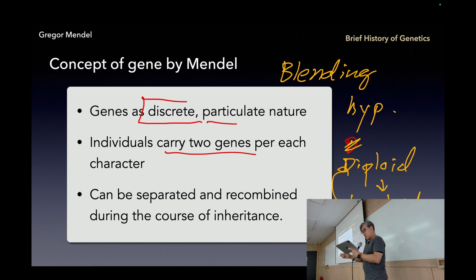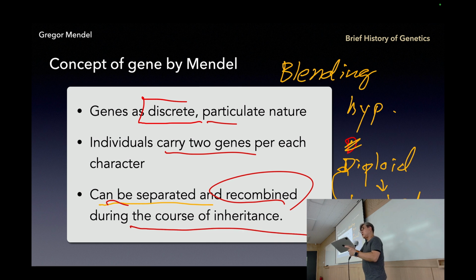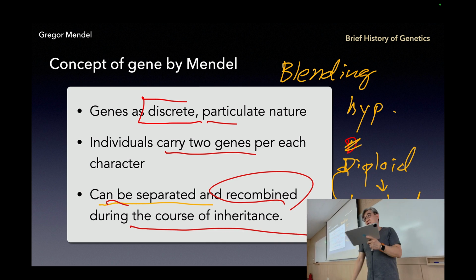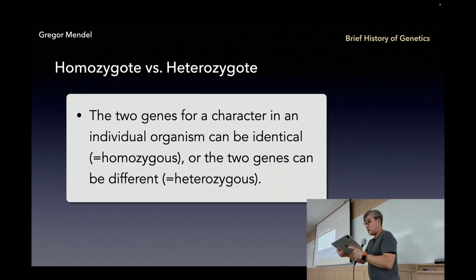So just like the chromosome, these genes as particular, discrete units can be separated and then reunited, recombined during the course of inheritance, meaning sexual reproduction.